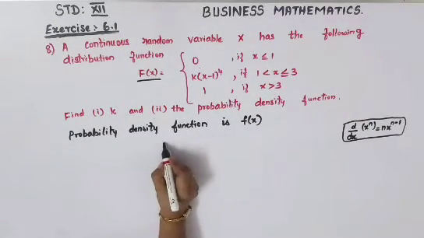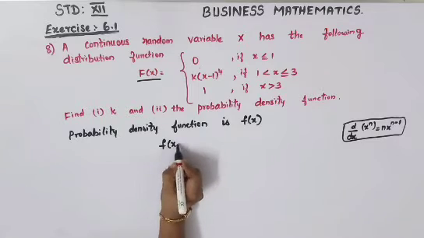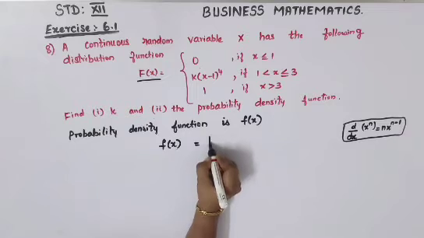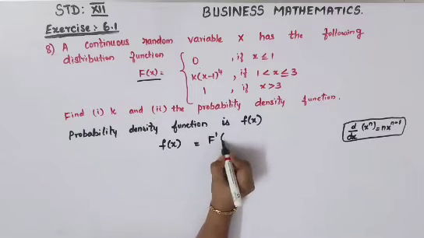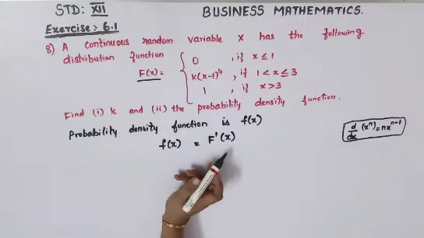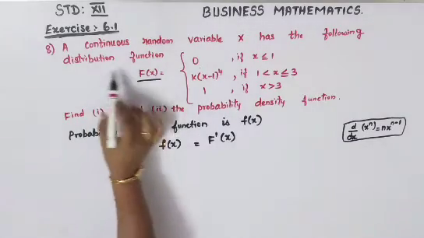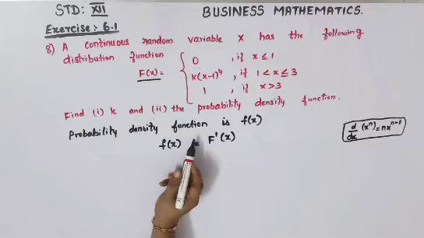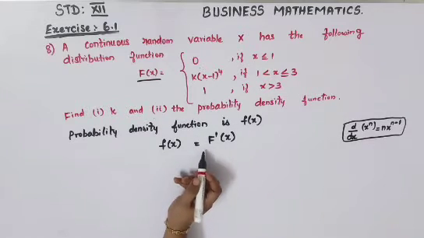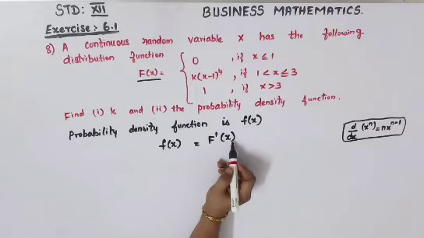So change your capital F of x to small f of x. What you have to do is differentiate your capital F of x, then it will become small f of x. This is the condition. That is the conversion of your distribution function to a probability density function: small f of x is equal to the differential of capital F of x.